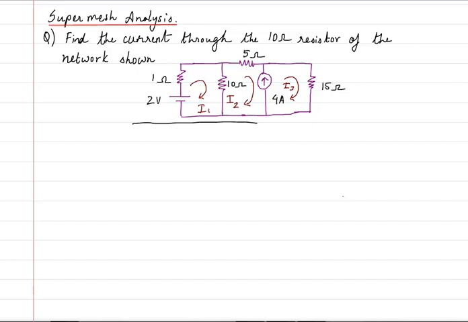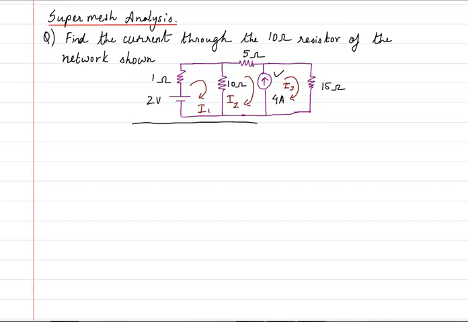Here we have a three mesh network, and the network has two independent sources. One is a 2 volt voltage source, and another one is this 4 ampere current source.